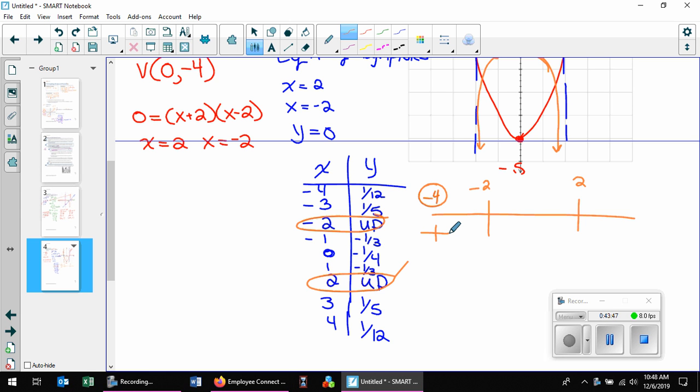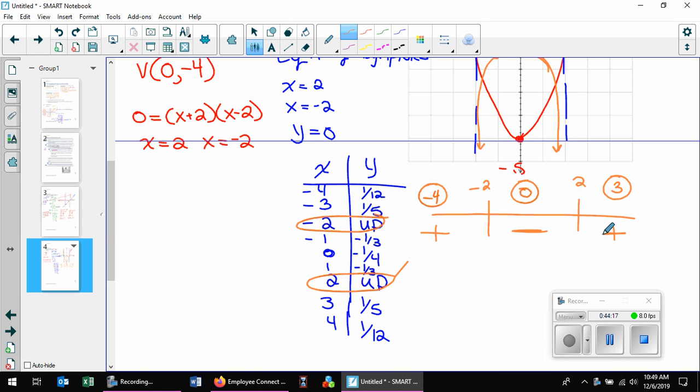In between -2 and 2, 0, which was what I was hoping for, the y values are going to be negative. Right? I don't care what it is at that point, I just know my y values will be negative. And then above 2, I'm just going to write down for you, this will be positive y values.